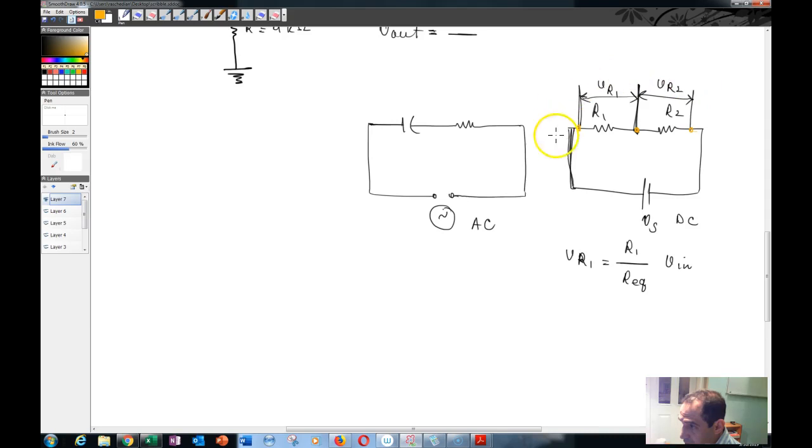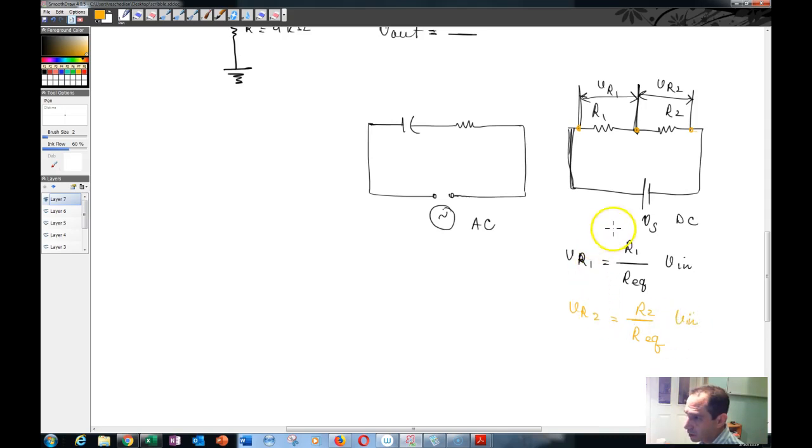Now in this particular DC circuit, if you want to calculate the voltage across, for example, this resistor R1, it's going to be the ratio of R1 to the equivalent resistance in this circuit, multiplied by the input voltage or the supply voltage. And if you want to calculate the voltage across R2, that would be R2 over R of equivalent times the input voltage.